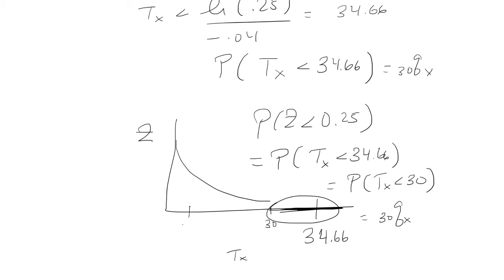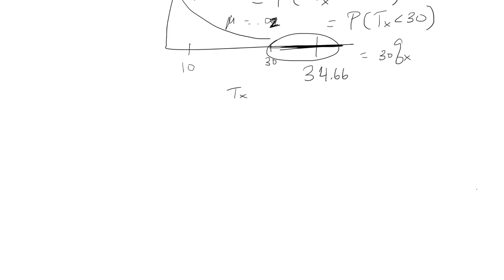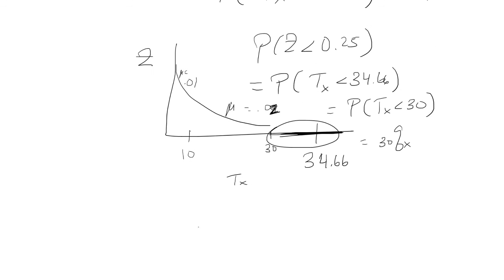So for the first 10 years, the force of mortality, let's see, is 0.01. And then afterwards, it's 0.02. So let's do 1 minus.